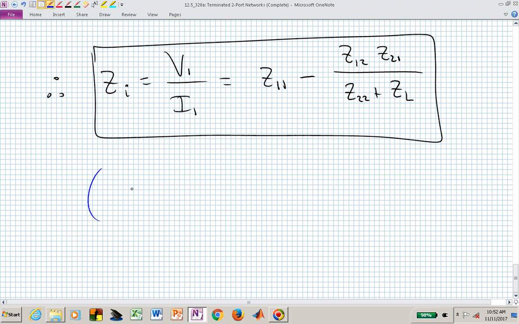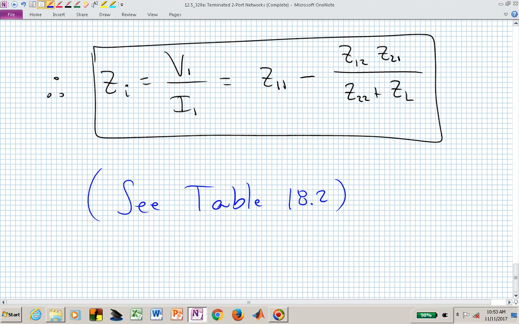And that you can find, hopefully, in table 18.2 as one of the 6 characteristics of a terminated two-port in terms of Z parameters. You can also find in that same table these 6 characteristics in terms of the other two-port parameters that exist: the Y parameters, the H parameters, the G parameters, the A and the B parameters.